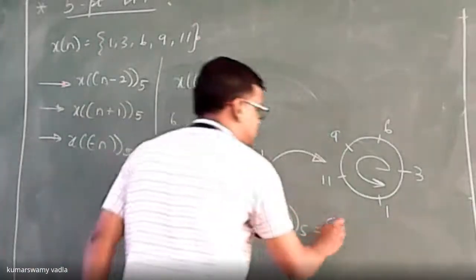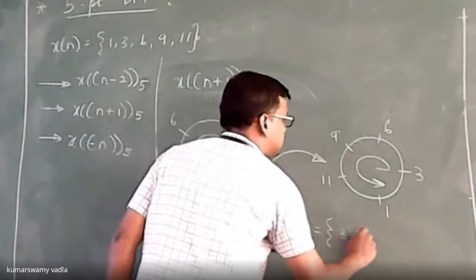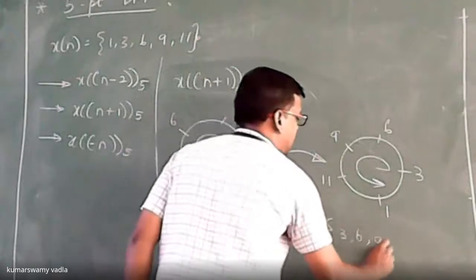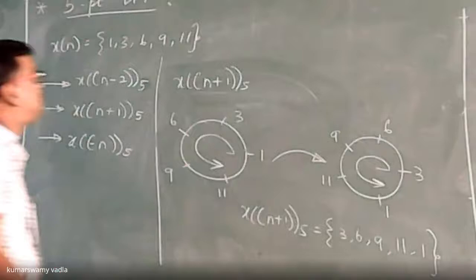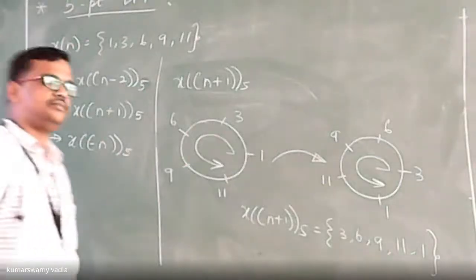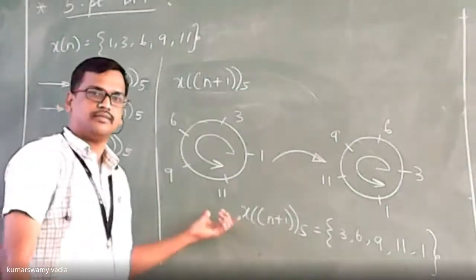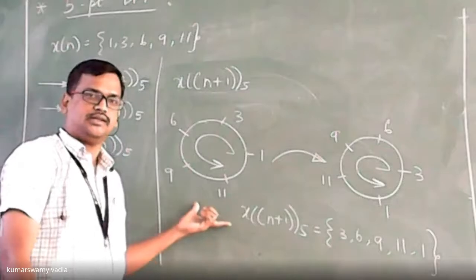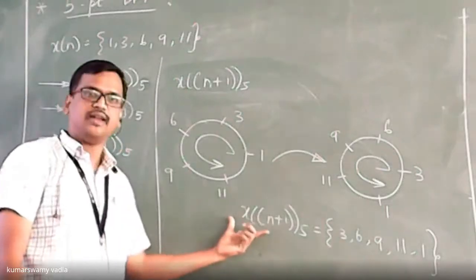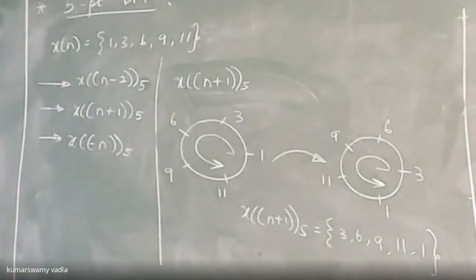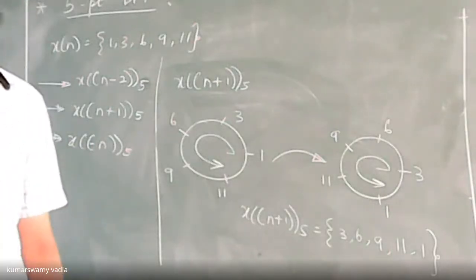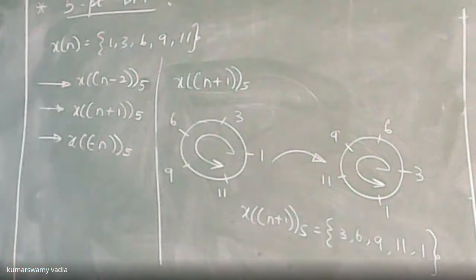So this becomes 3, 6, 9, 11, 1. Is the point clear here, students? Is this clear for everyone? Please make a note of it.